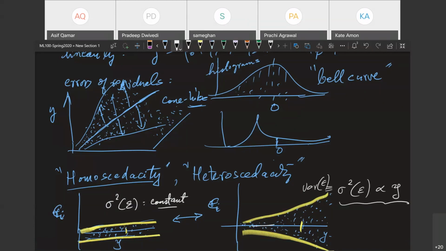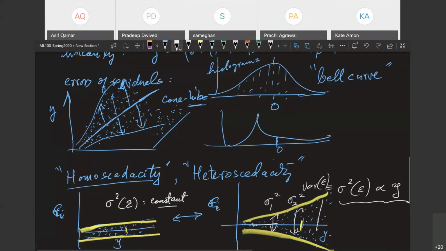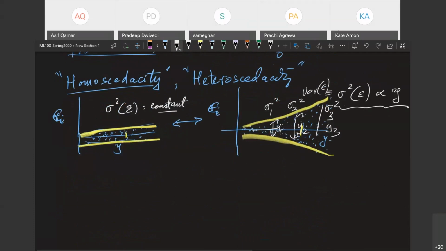As y increases, the variance becomes bigger. So for example, let me call it sigma 1 square, sigma 2 square, sigma 3 square at the third point, and this is y1, y2, y3. If you were to compare sigma 1, sigma 2, sigma 3, what will you see?